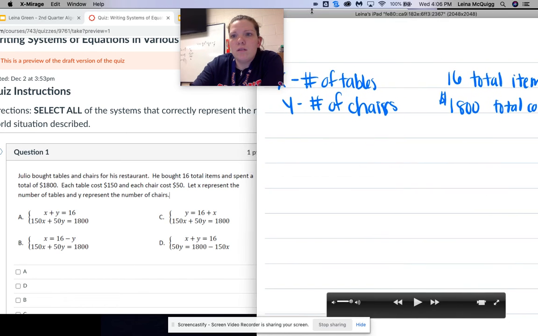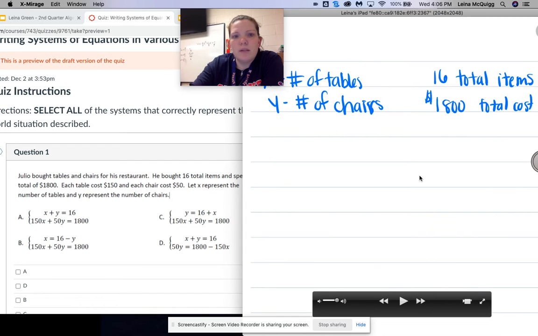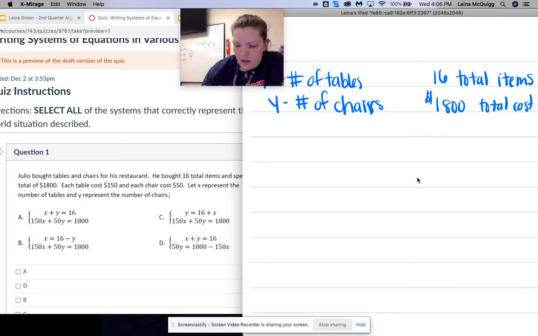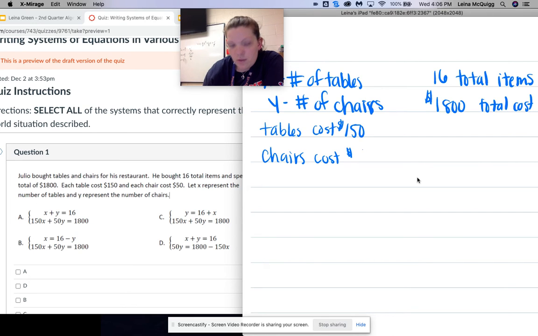And then we know that tables cost $150 each. Chairs cost $50 each. Okay? So let's write some equations.